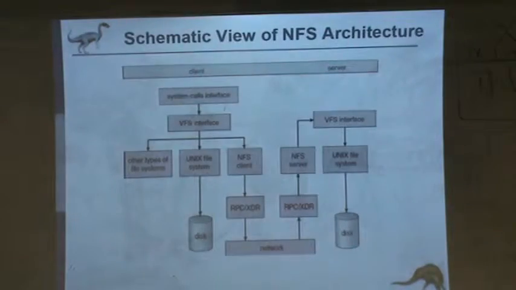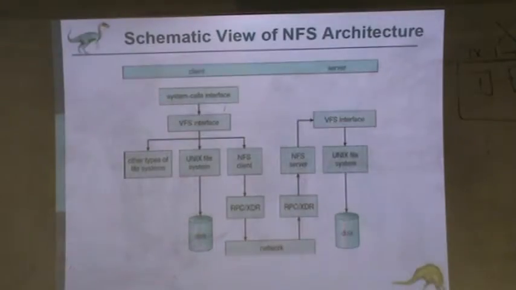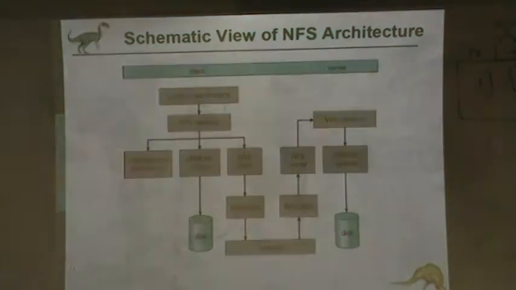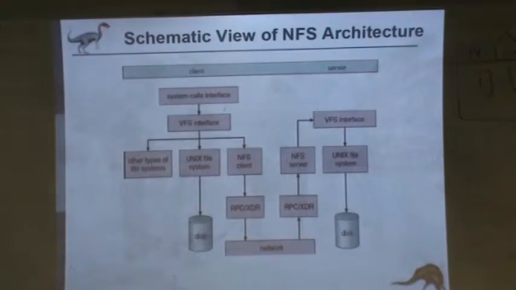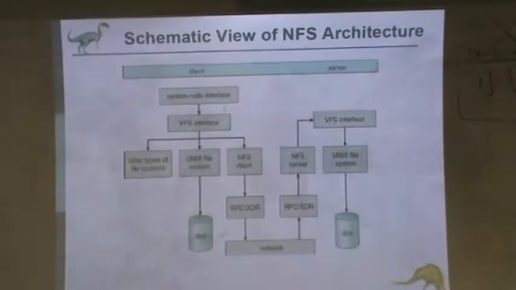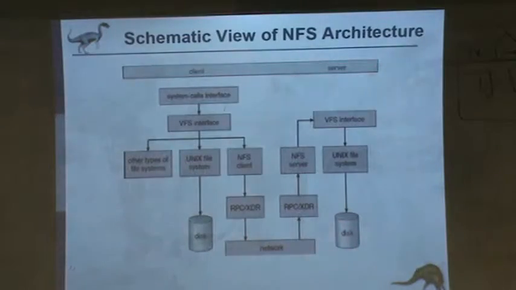The virtual file system is used as the common interface for several different file systems. So even from another Unix file system or extended file system, they can access the file located in the remote file system without any difference. That is called transparency. So it provides transparency.